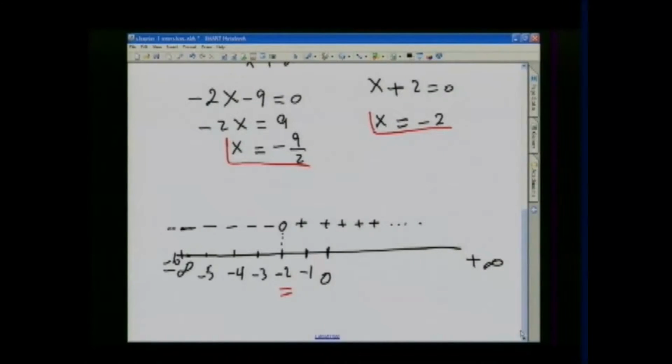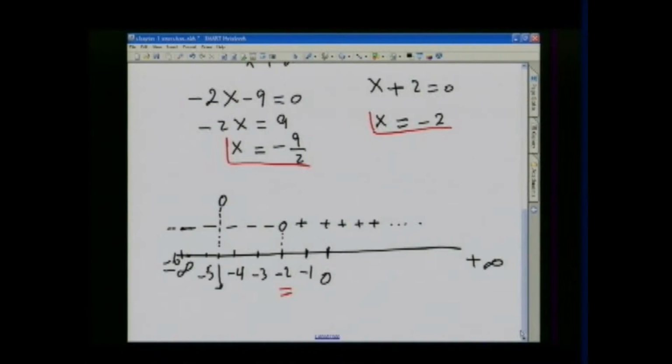Now the numerator, for x equal to minus 9/2, which is minus 4.5, which is up here, the numerator would be 0.